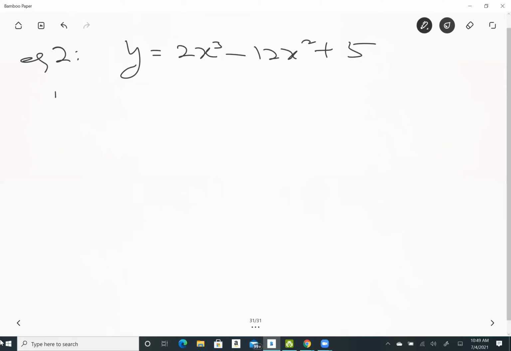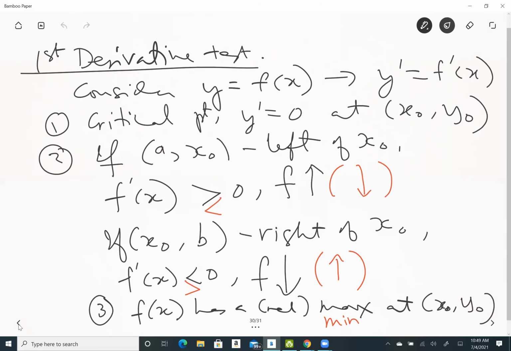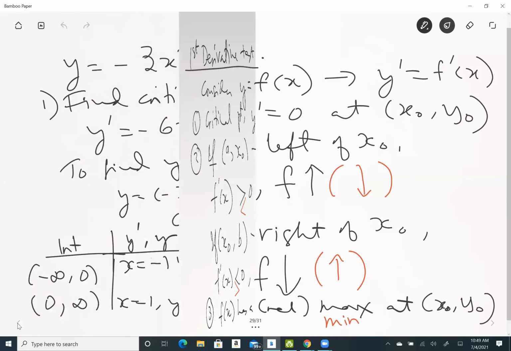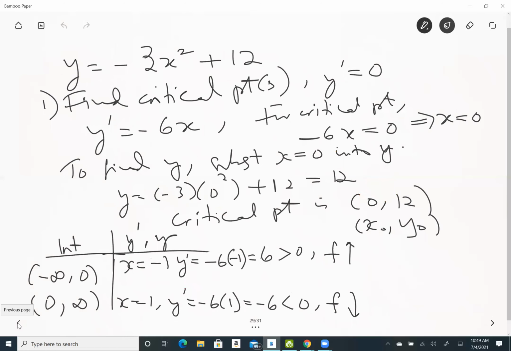So number one, what you do here is, I think we have not made the conclusion yet regarding the maximum, minimum. So we go back to this statement here. Now you know already the intervals. So if I relate back to the two examples that we have here, for this one the critical point is at 0, 12.